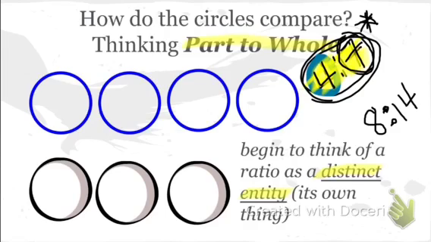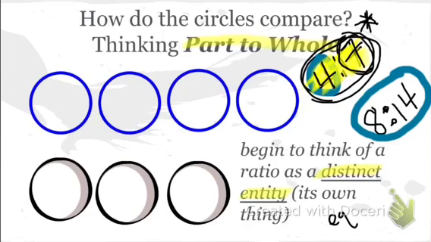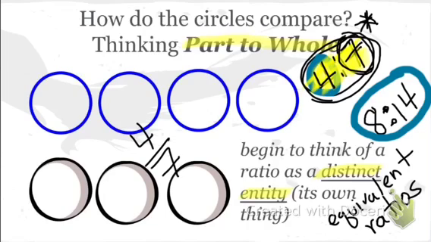We can just carry it, and what we are creating when we say 8 to 14, we're creating something called equivalent ratios. Okay, because it's equal, it's the same. Okay, it's the same. 4 out of 7, 4 over 7 is the same as 8 over 14. Okay?